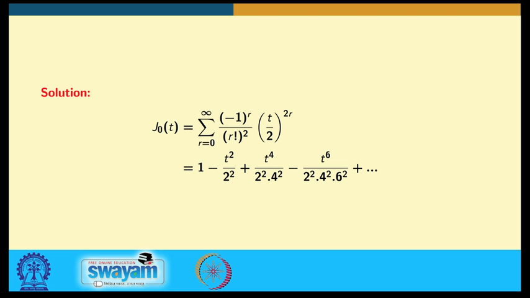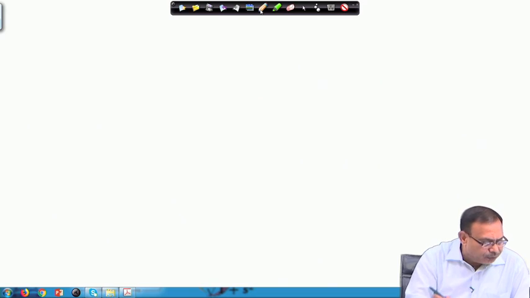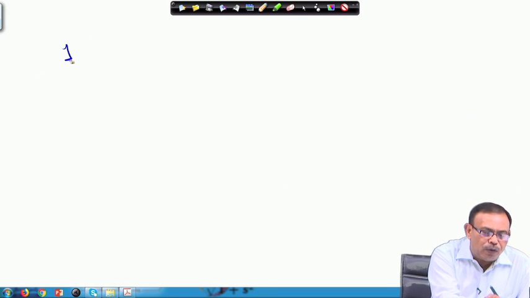So, just here we are writing this, and ultimately you will obtain 1 by s into this, which is nothing but 1 by root of s square plus 1.